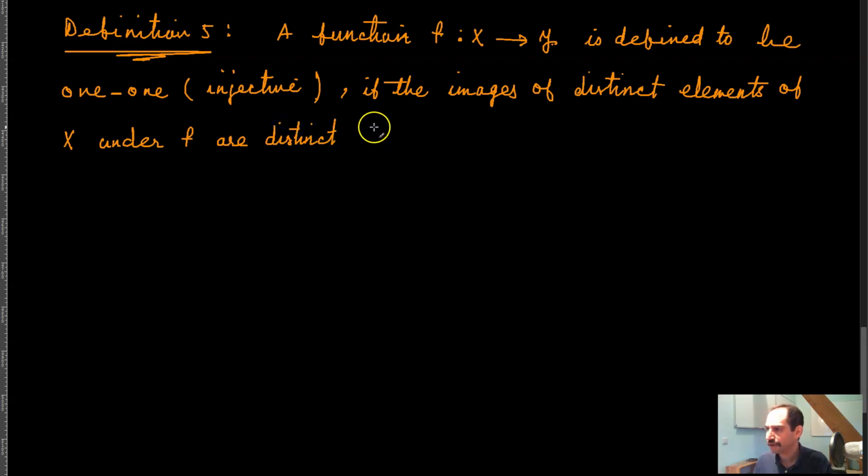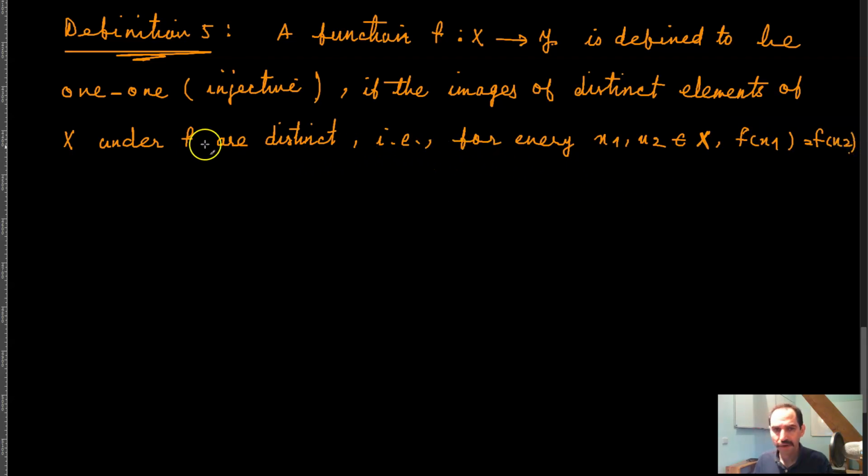That is, for every x1, x2 belonging to x, f of x1 is equal to f of x2 implies that x1 is equal to x2.